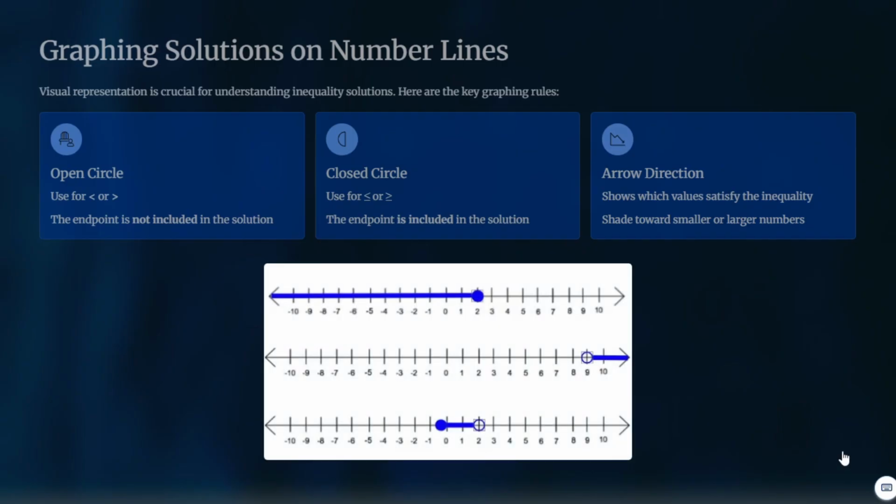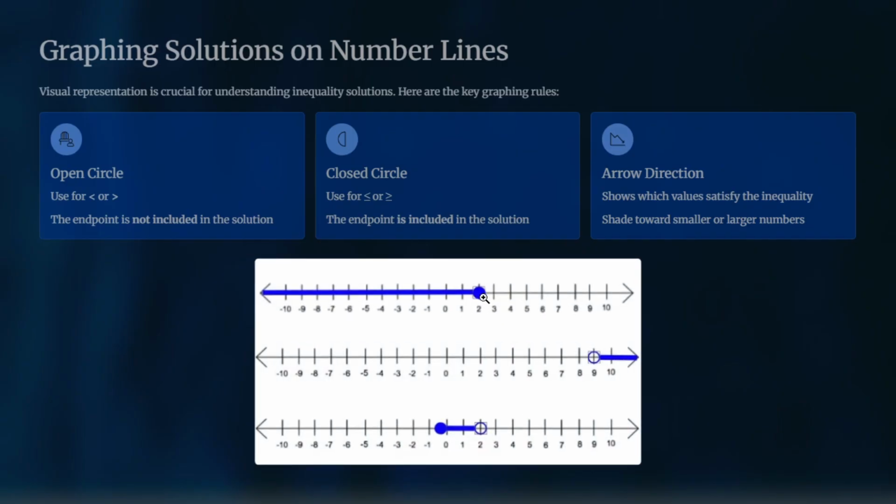So if we look here, we can see that we have a closed circle. That means that this value is included in the solution, and the arrow points to the left. That means that these values that are smaller than 2 are included in the solution. Here we have an open circle which shows that this number 9 is not included in the solution, and it's shaded towards the right or larger numbers.